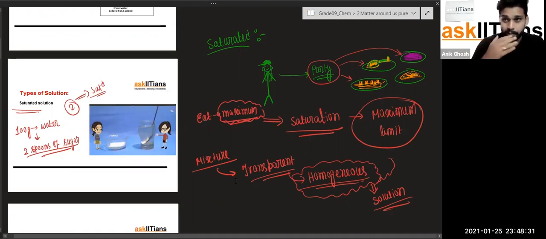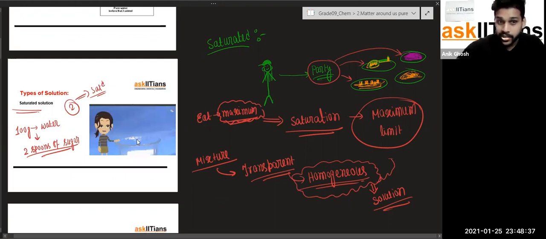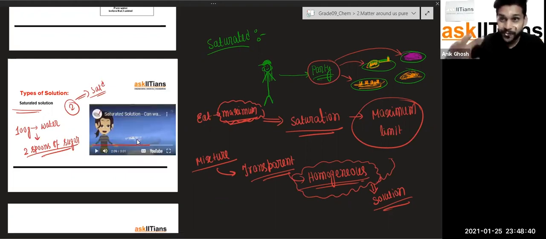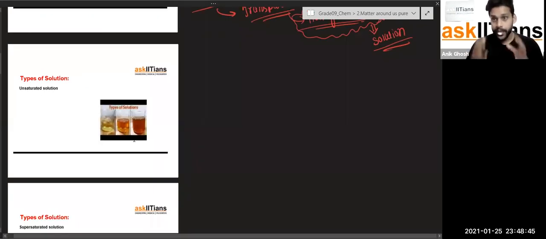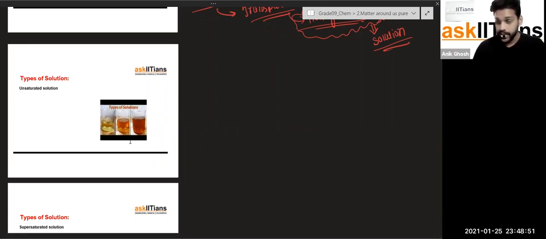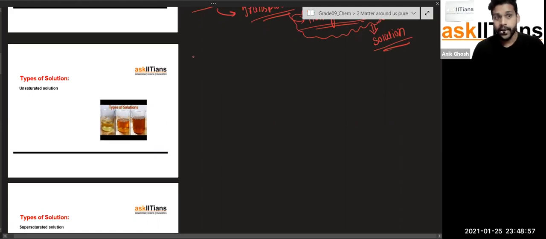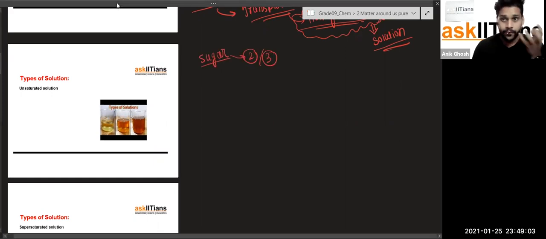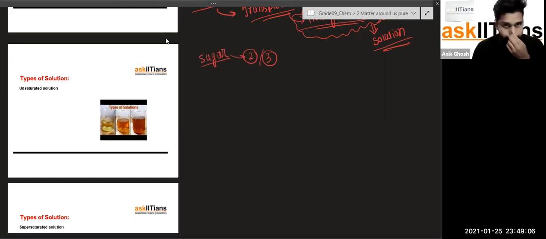Now they are going to try with some other dissolvable substance, to see whether all dissolvable substances have this fixed quantity or not. Let me tell you, do not waste your time watching this. Definitely every substance has its own solubility limit. For sugar it was maybe 2 or 3 spoons, but for something like salt, it may be 4 to 5 spoons in that much water.